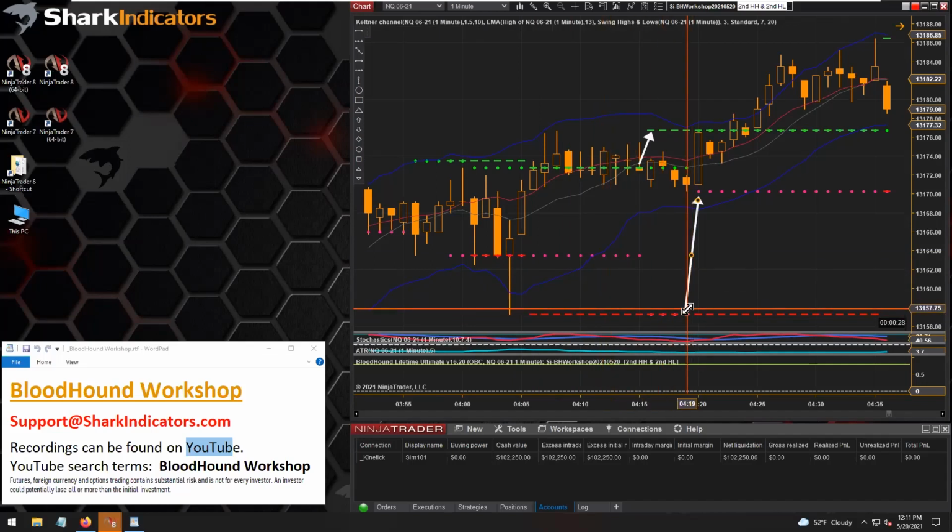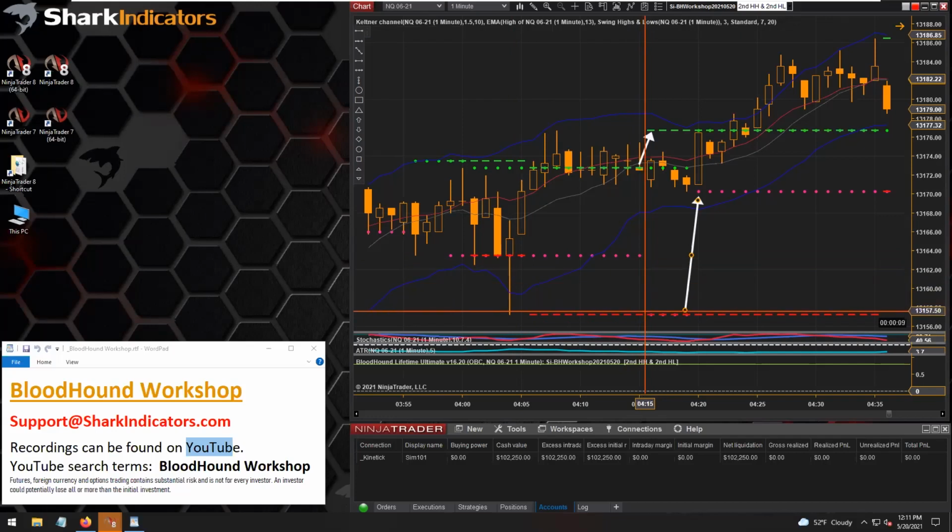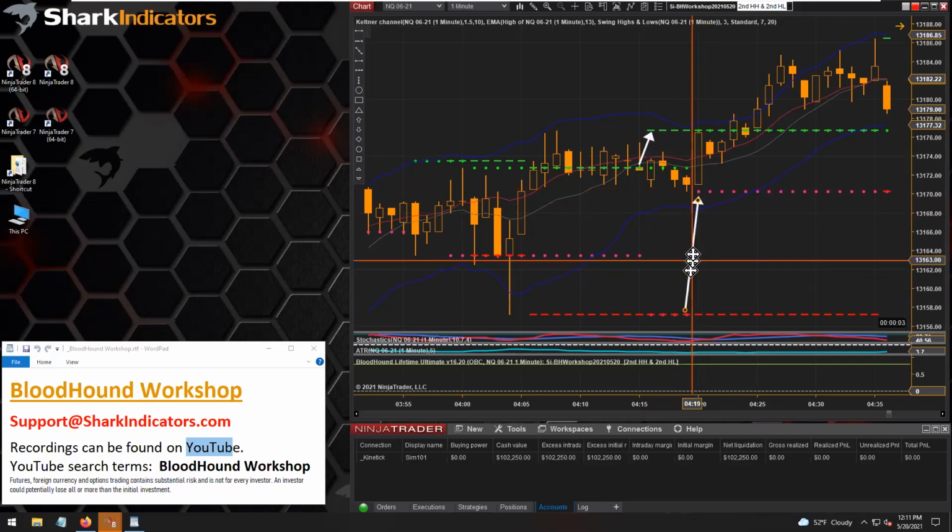We're looking for the dots to step up as well. Here, this higher low dot stepped down because we actually had a lower low. So we don't want the dots to step down. We're looking for the dots to step up, and that's how we know we're getting our second higher low.